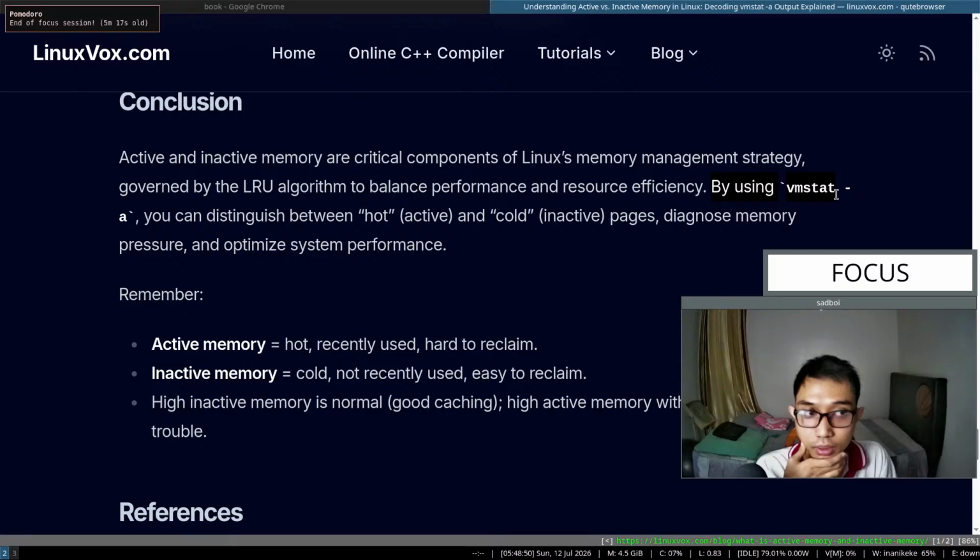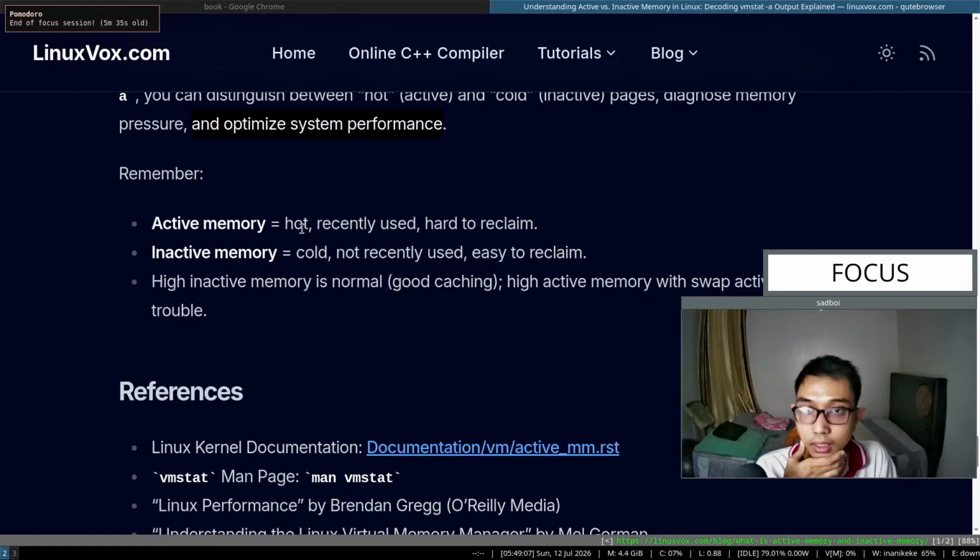By using vmstat -a, you can distinguish between hot active and cold inactive pages, diagnose memory pressure, and optimize system performance. Remember, active memory is hot, recently used, and harder to reclaim. Inactive memory is cold, not recently used, and easy to reclaim.